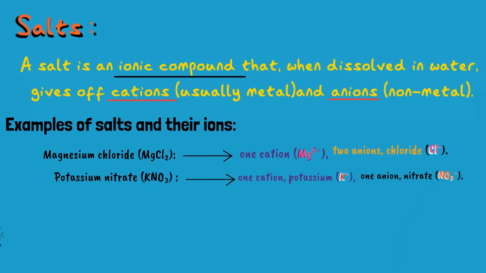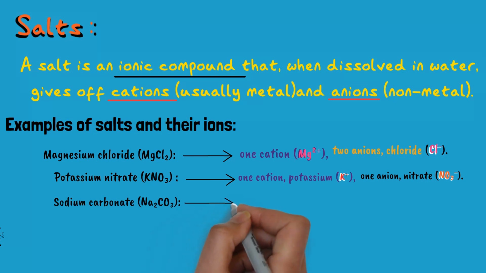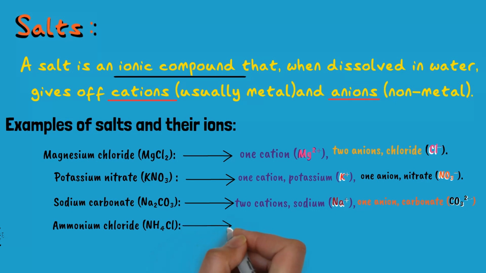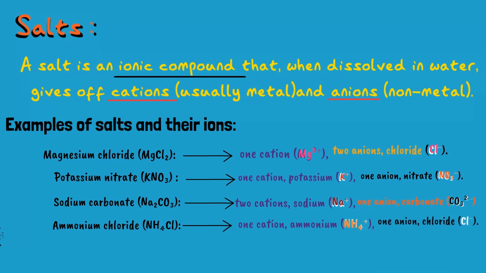Sodium carbonate, Na2CO3. It has two cations, sodium Na+, and one anion, carbonate CO3 2-. Ammonium chloride, NH4Cl. It has one cation, ammonium NH4+, and one anion, that is chloride Cl-.